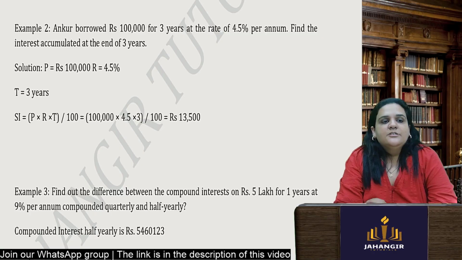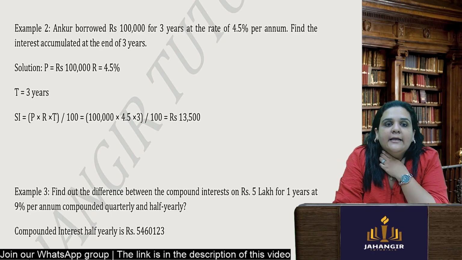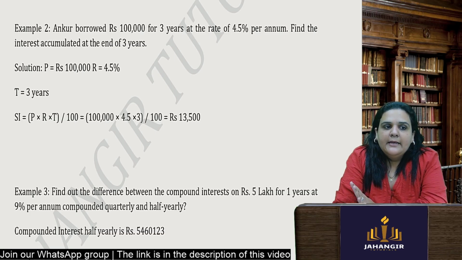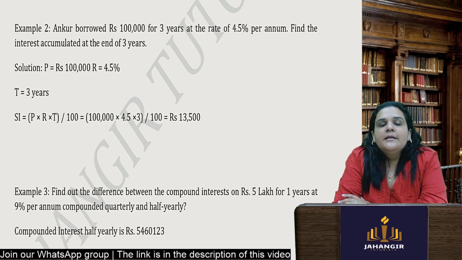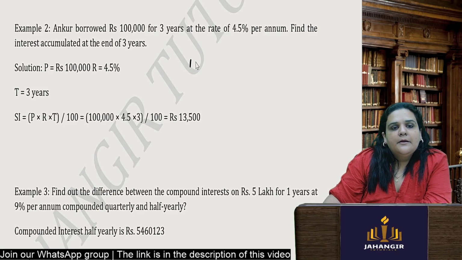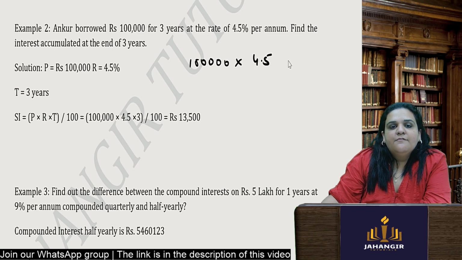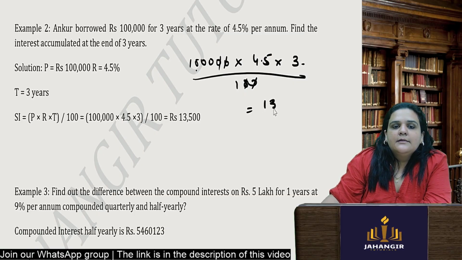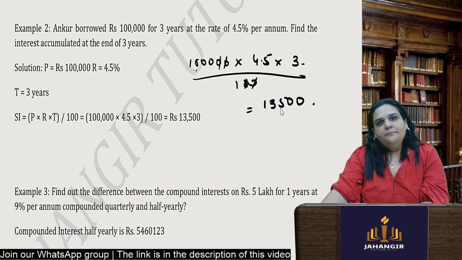Okay. Next question. Ankur borrowed 1 lakh for 3 years at the rate of interest of 4.5% per annum. Find the interest accumulated at the end of 3 years. Same thing. P into R into T upon 100. So 1 lakh into 4.5 into 3 upon 100. So these two zeros will get cancelled. So 1000 into 4.5 into 3, when you solve, you will get 13,500.